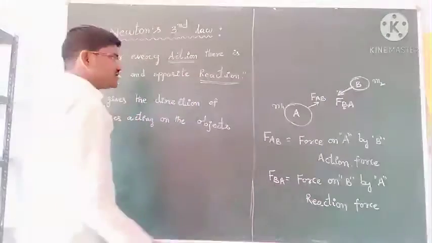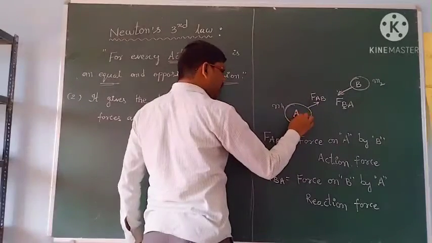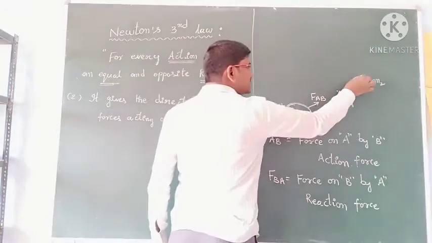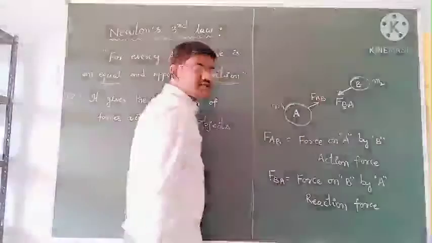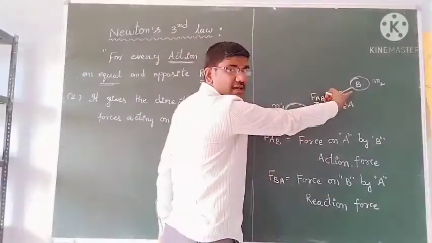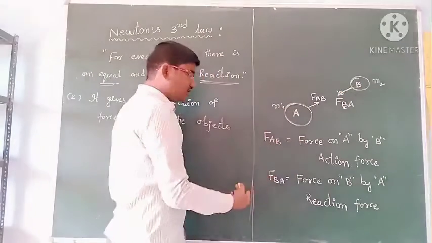Okay students, so this is the object A. Consider this is like the earth and this is like an apple. Now if the earth is attracting the apple, then the apple also attracts the earth by the same force only.